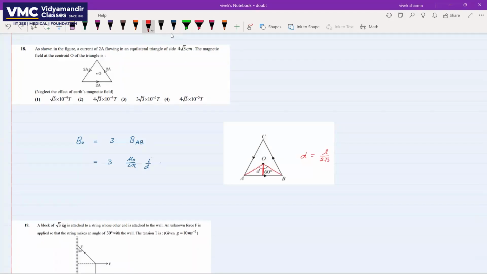And this angle is 60 degree and this is also 60 degree. So alpha, beta both will become 60. So sine 60 plus sine 60.